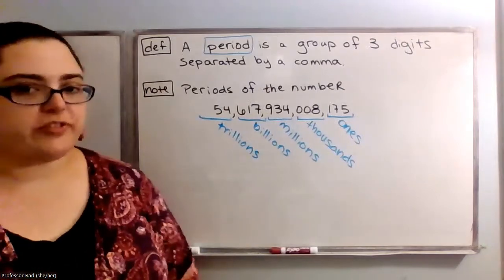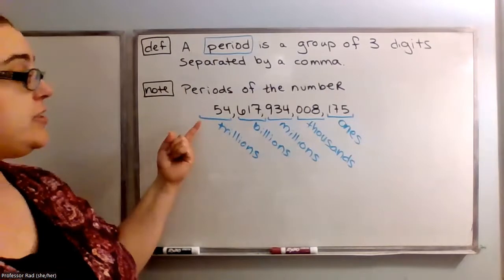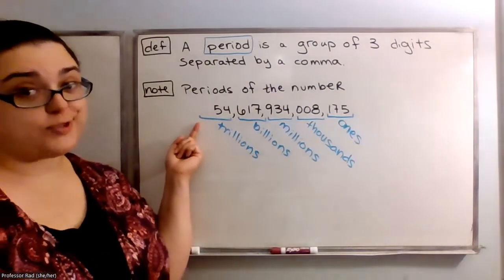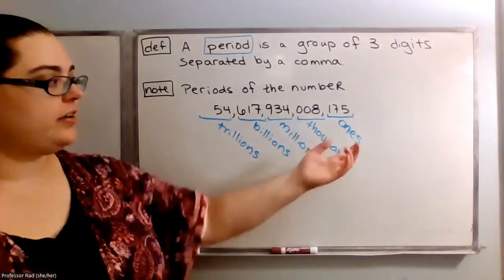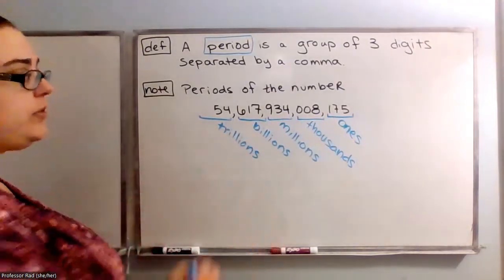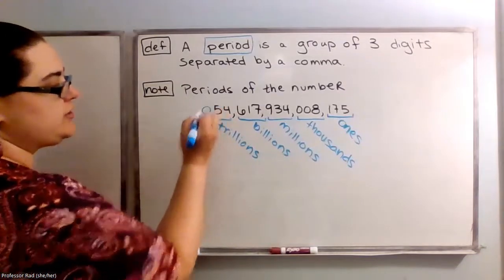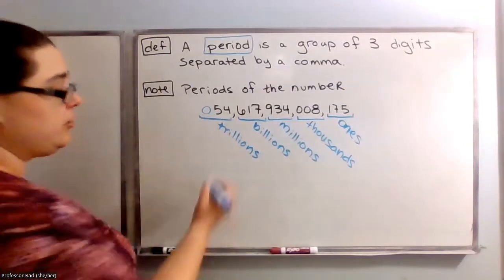Now you might be wondering, Professor Rad, wait a minute. It says that a period is a group of 3 digits, and this one over here only has 2. Why are we breaking the rules here? When we have these groupings of 3, if you don't have 3 digits there, there's secretly a 0 in the front. Think about when your clock says that it's 2 o'clock.